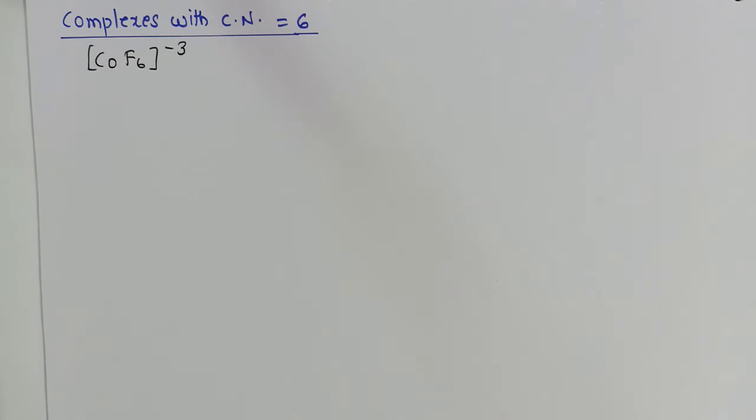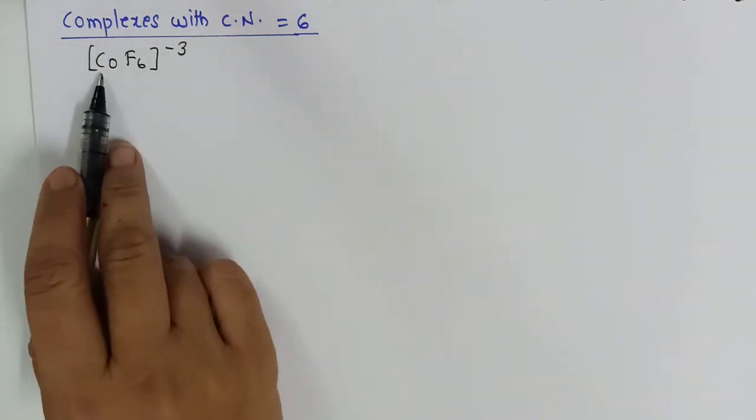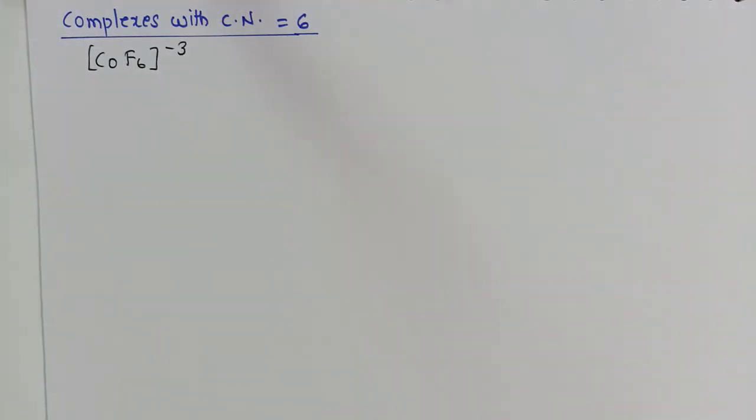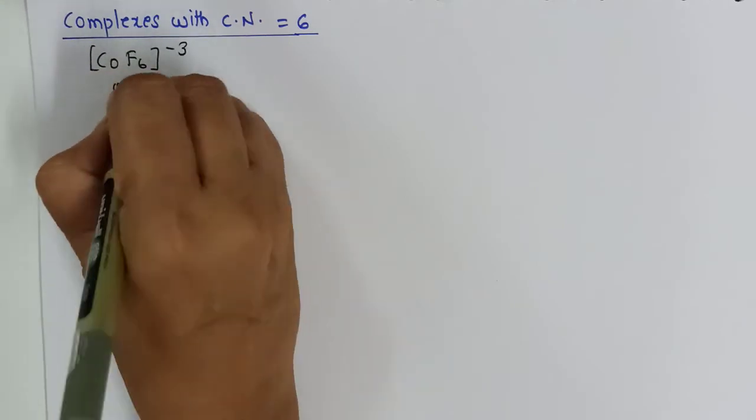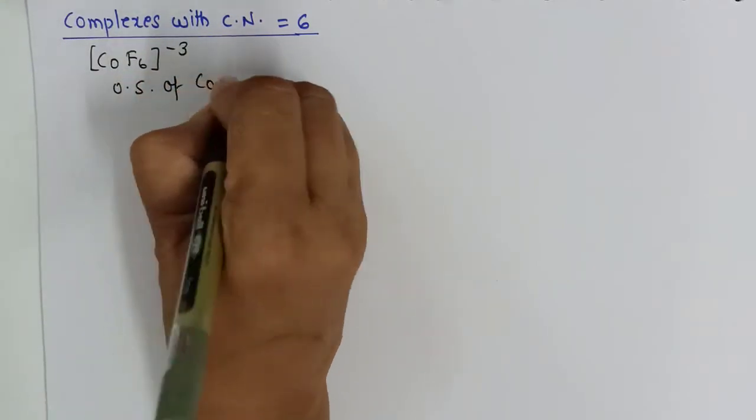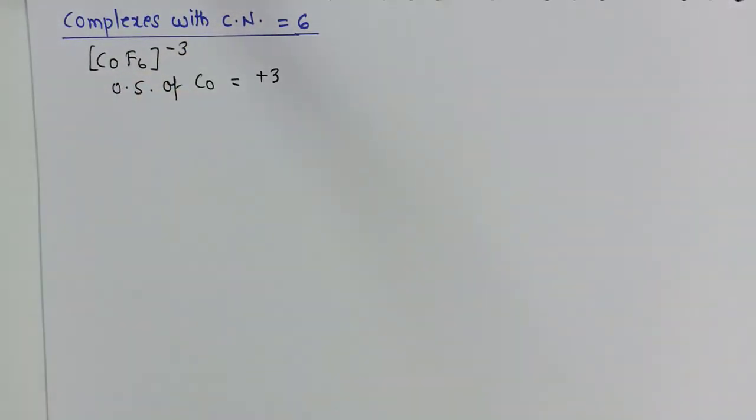Next we are going to discuss complexes with coordination number 6. I have taken the example of CoF6, that is central metal atom cobalt and ligand fluoride. Very first step, calculate the oxidation state of cobalt. It is +3. Now remember, cobalt always forms coordination compounds in +3 oxidation state. It will not form coordination compounds in any oxidation state other than +3.